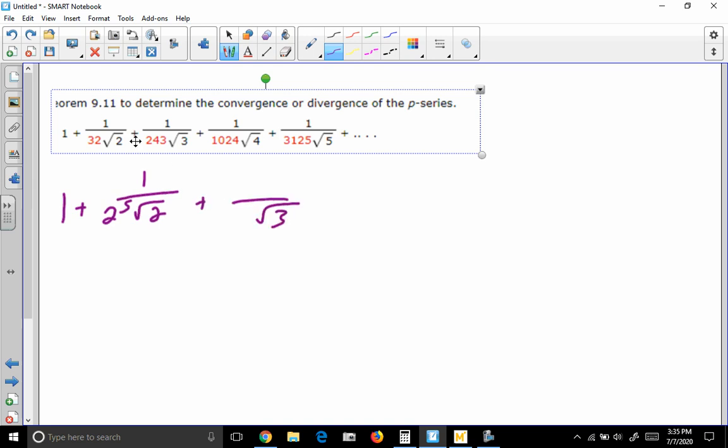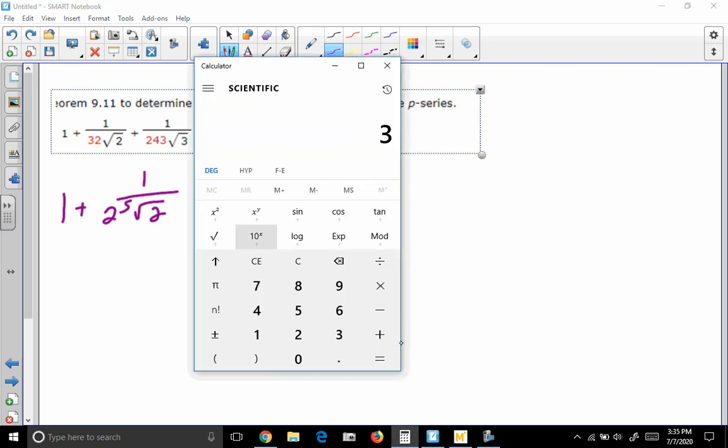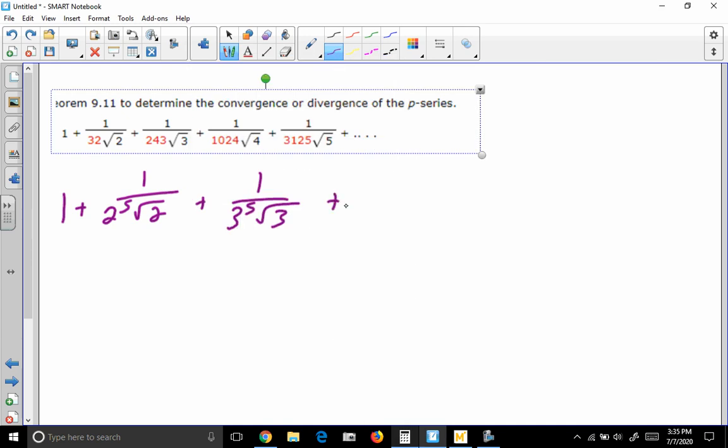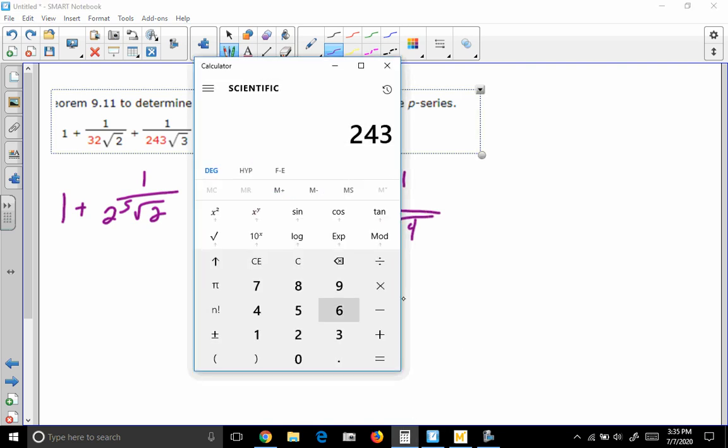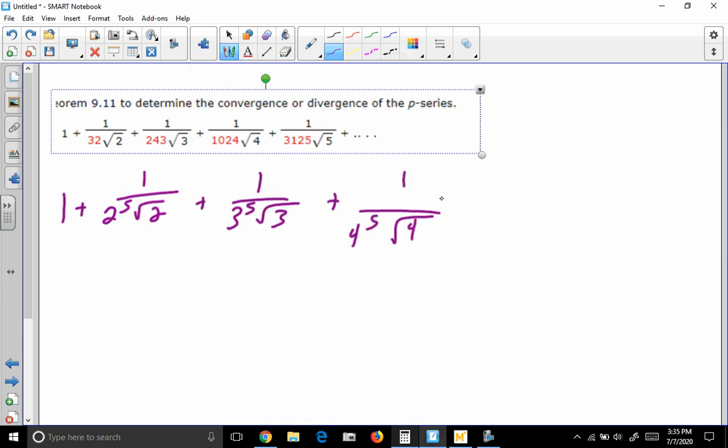Notice we have a 3 under the radical. 243 is 3 to the 5th power. 4 under the radical there. 1024 is 4 to the 5th. And this last one is 5 to the 5th, square roots of 5.